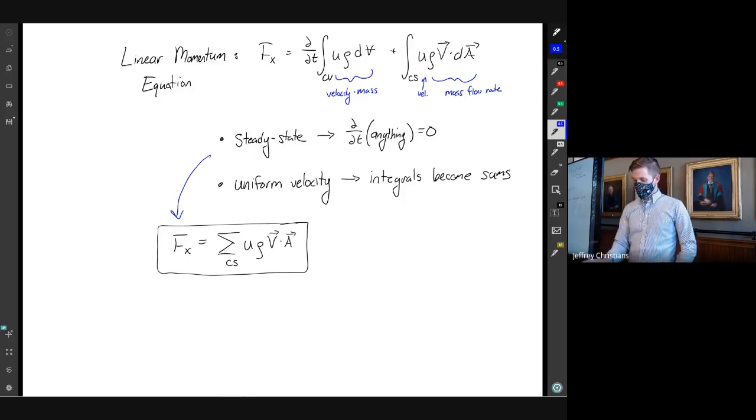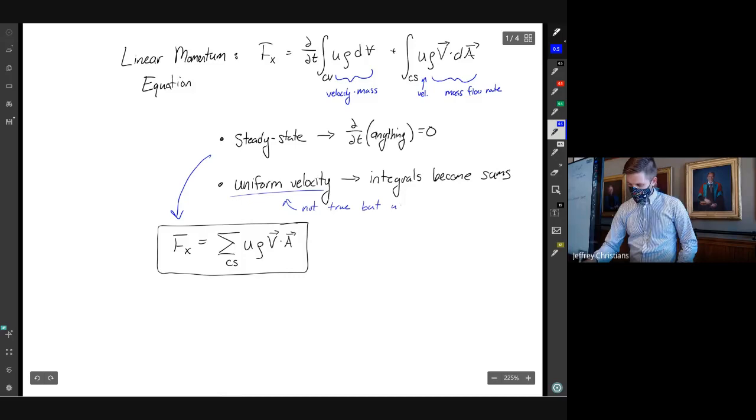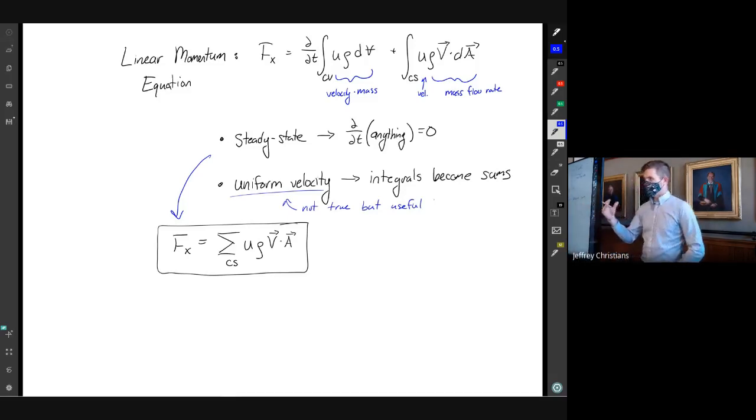This, especially the second thing, is not strictly true. But it's useful for us to get an idea of what the answers are, and also to get an idea of how the physics of this stuff actually works.